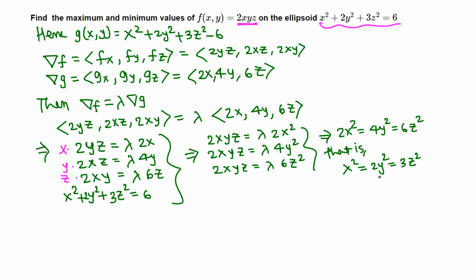Now 2y squared is the same as x squared, so replace 2y squared by x squared and 3z squared by x squared as well. Then by the constraint we get x squared plus 2y squared, which is the same as x squared, plus 3z squared, which is also x squared, equals 6.